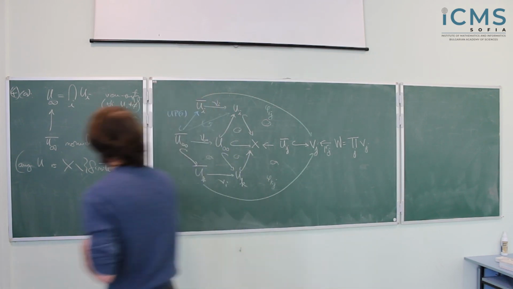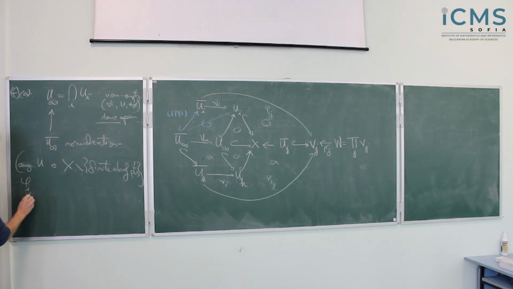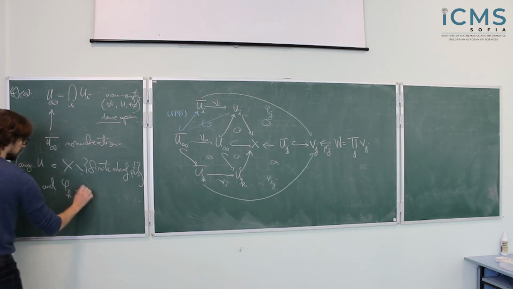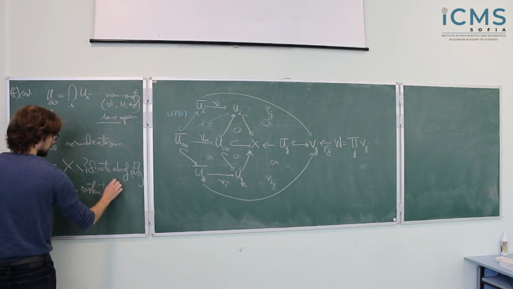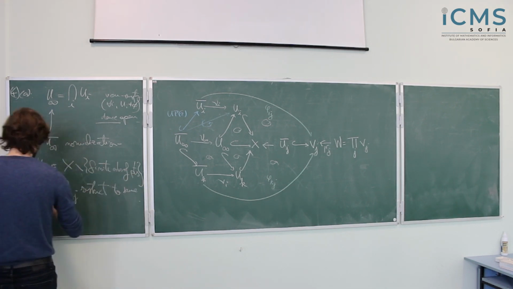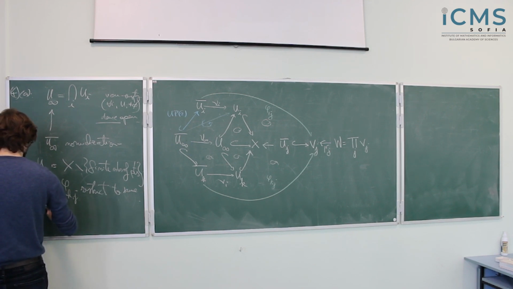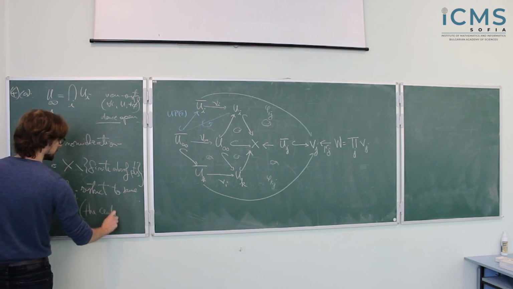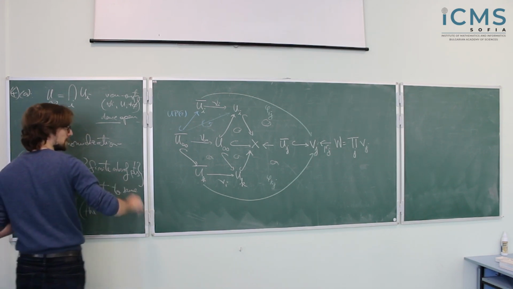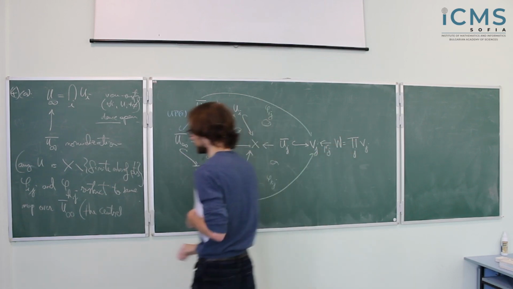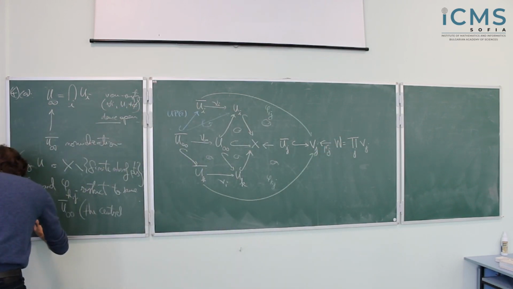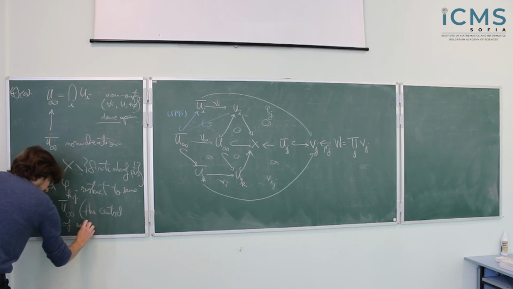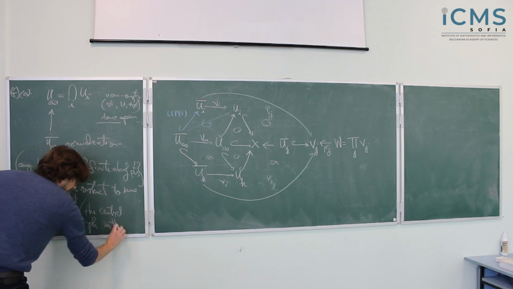So I know now that phi ij and phi kj restrict to the same map over U bar infinity, which is simply the central composite morphism in the big diagram.